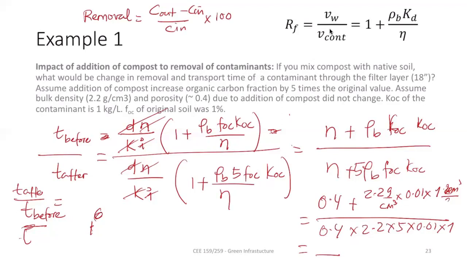That's the removal percentage. If you solve this one, it will actually be 1 minus C out by C in. I'm sorry, it's C in minus C out, because usually you expect C out to be less than C in, so this is positive.